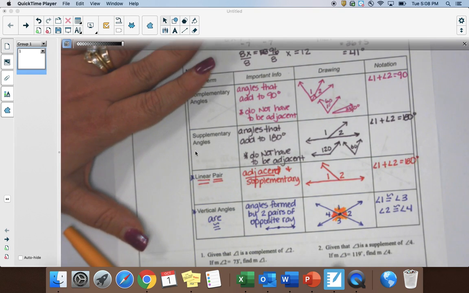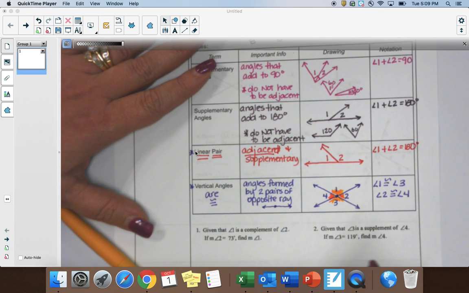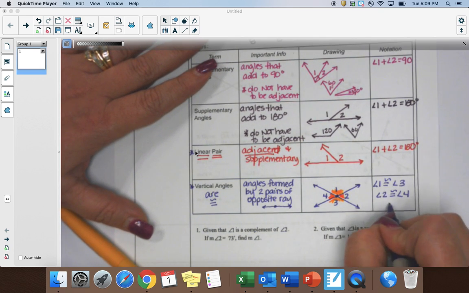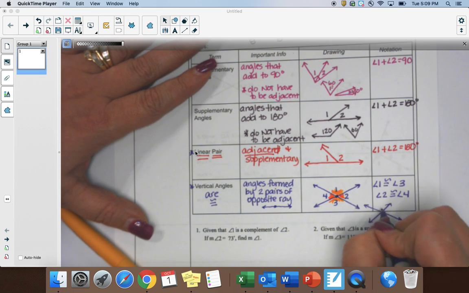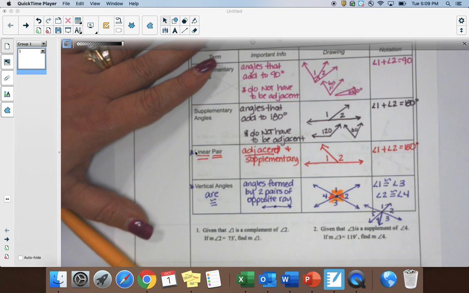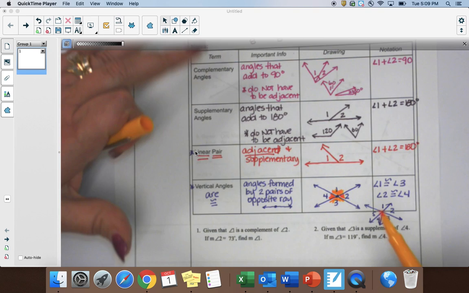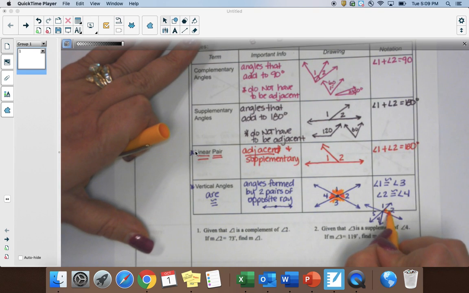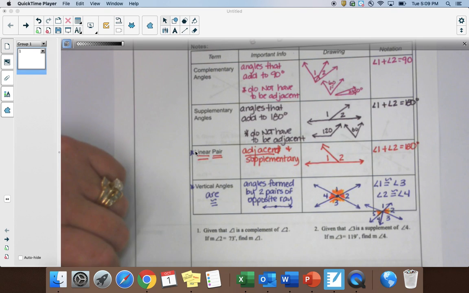Now, you want to be really careful with these, and make sure that your lines are straight lines. For instance, if I had a picture that looked like this, and then I had this other little piece coming off down here, and I numbered them 1, 2, 3, 4, 5, then angle 2 and angle 5 in this case are still vertical because their sides are formed by those straight lines or those opposite rays.